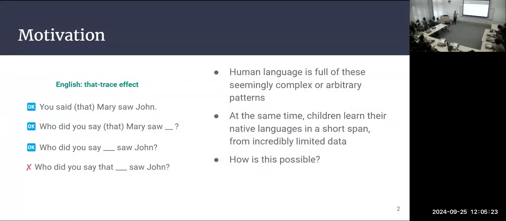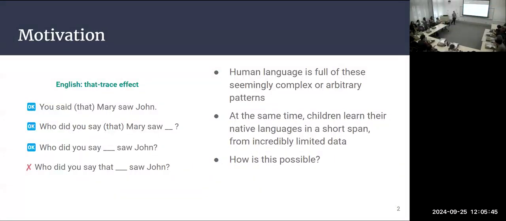At least for me, that's pretty bad. I can't say that at all. Different English speakers might vary, but at least in my dialect, that's pretty out. And that seems kind of unprincipled, right? That's sort of a strange pattern that we might not necessarily easily be able to see why that would be the case.